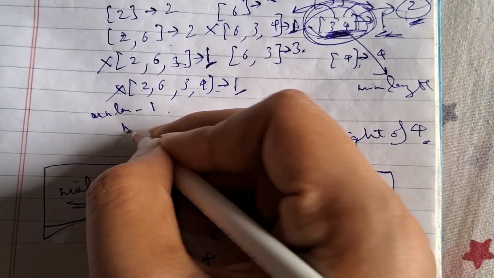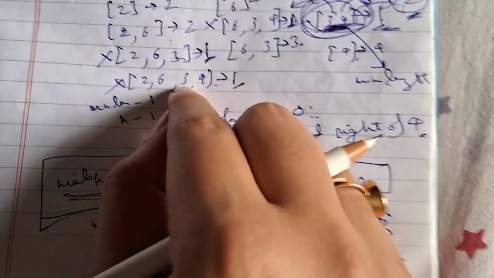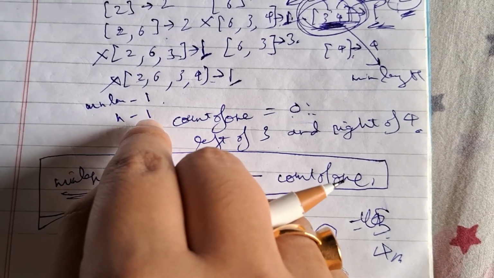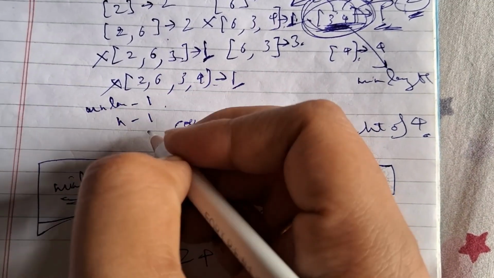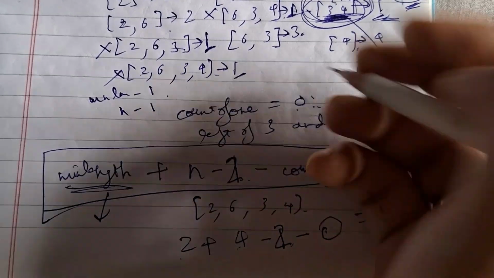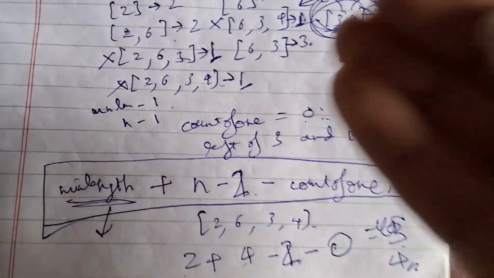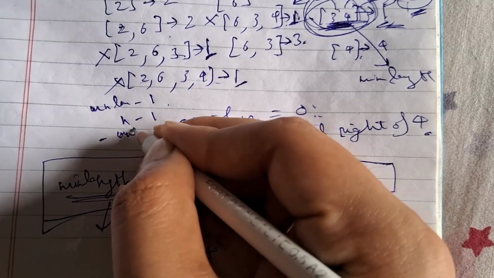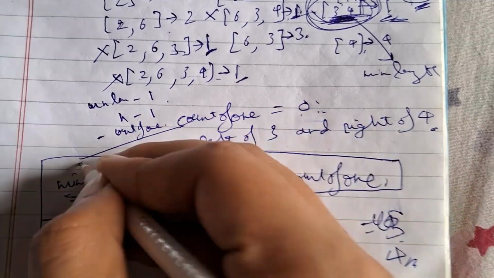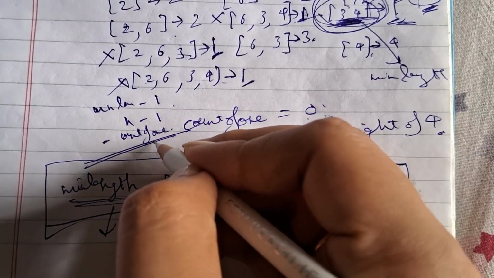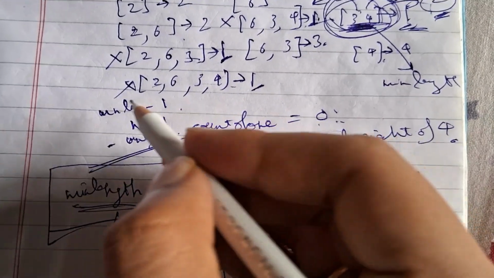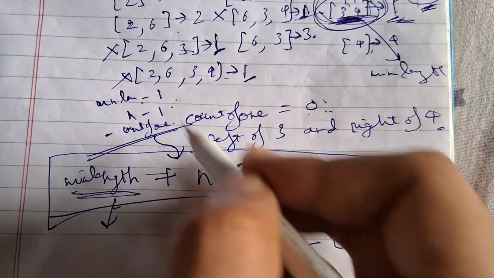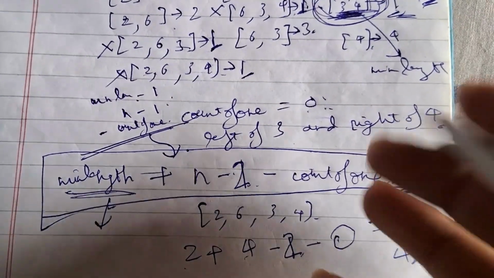We are going to make one element 1, so initially there were n elements, now remaining are n minus 1 elements. And you can remove all the elements which are already 1, that is minus count of 1. So when added together, it becomes minimum length plus n minus 2 minus count of 1. So this is how this works.